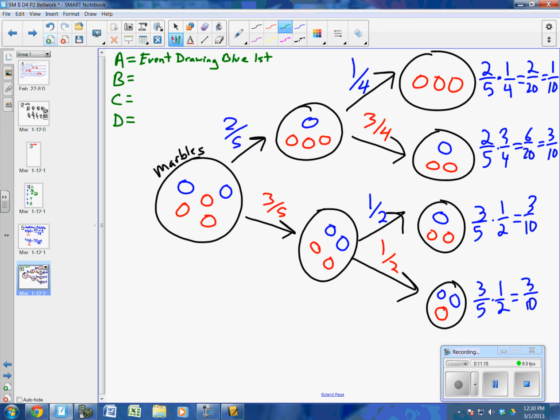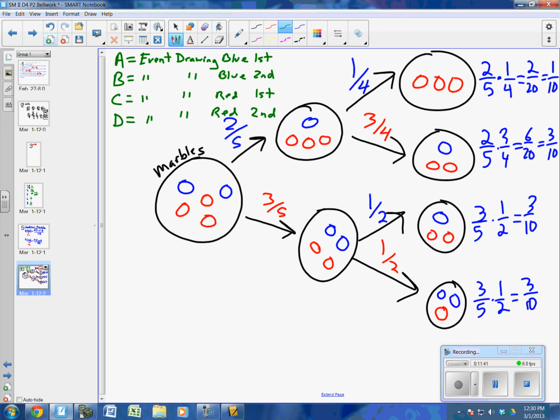B is the event of drawing a blue on the second. C is the event of drawing a red on the first. D is the event of drawing a red on the second.